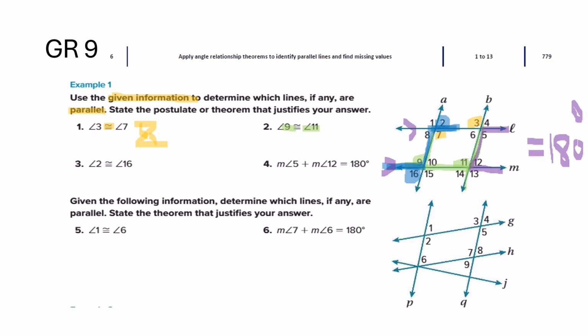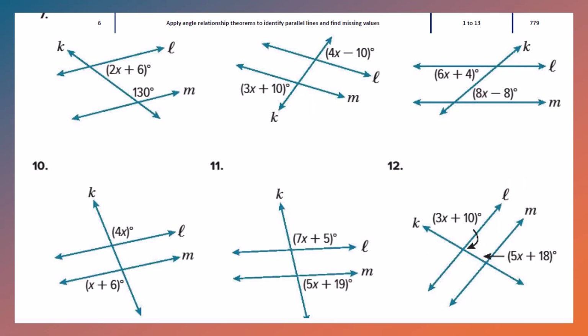Very quickly, we're going to move ahead with understanding how do we calculate the missing values. Very quickly, we know that if we add these two, we have to add these two.